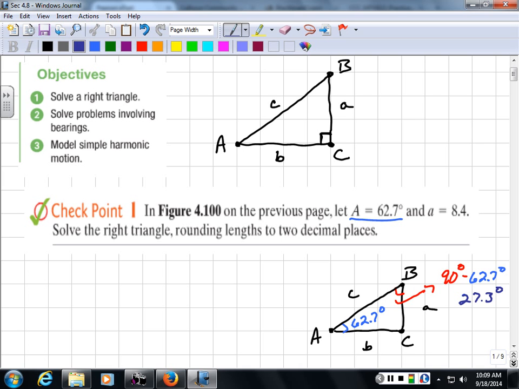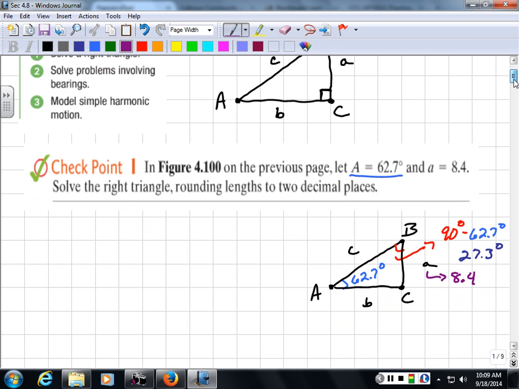Now, I know that side a is 8.4. I need to know the other two sides. The only way to do this is with trigonometry.